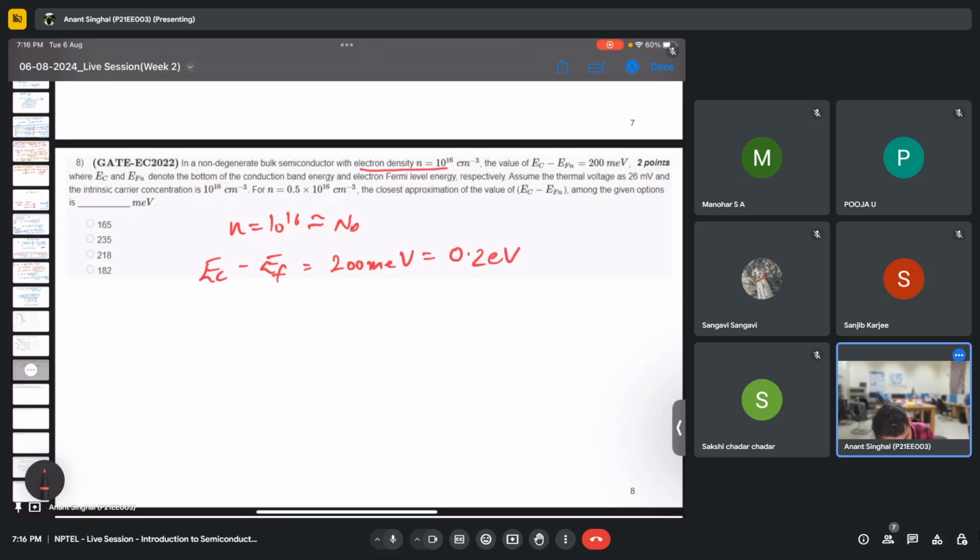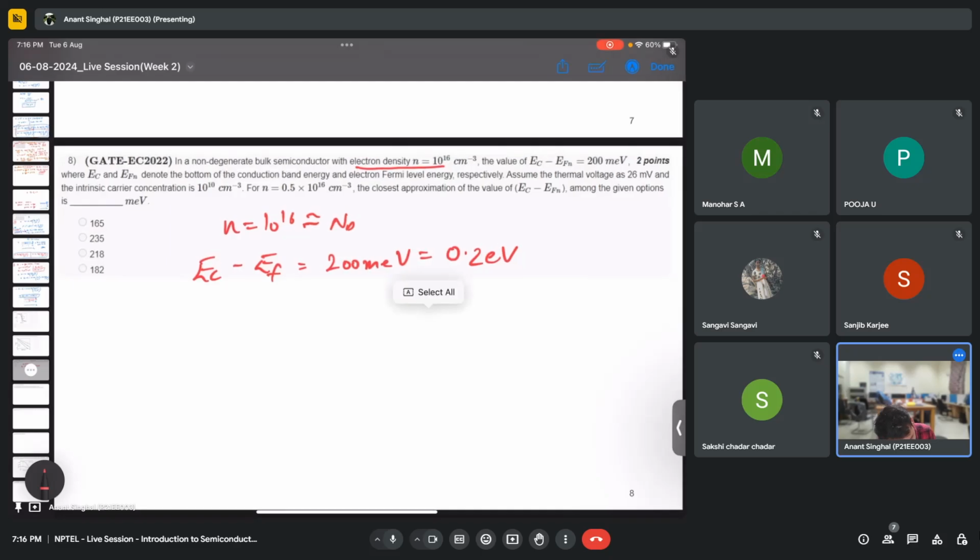Now the question says KT by Q is given as 26 millivolts, and we have an intrinsic carrier concentration Ni of 10 raised to power 10. Now let's say we have an N of 0.5 times 10 raised to power 16, then what will be EC minus EF?